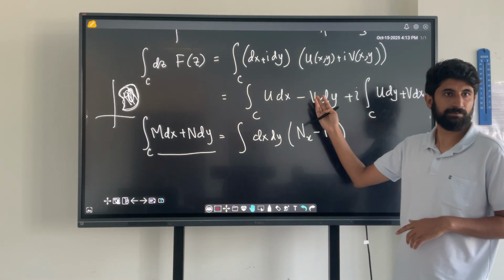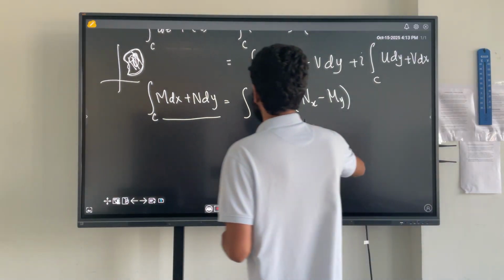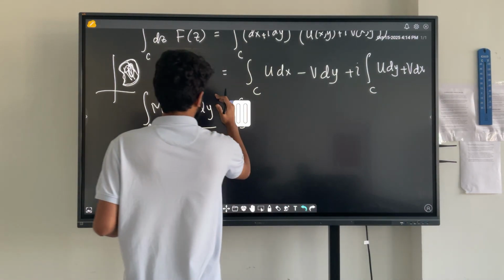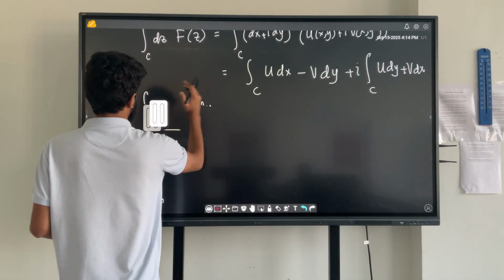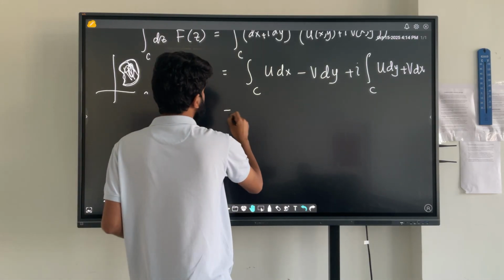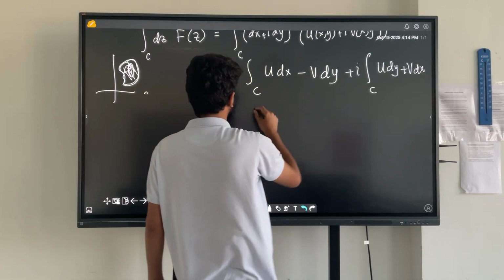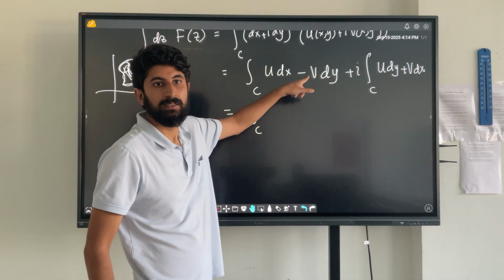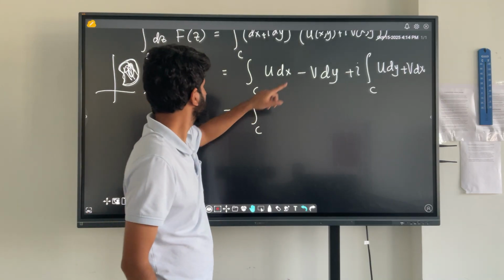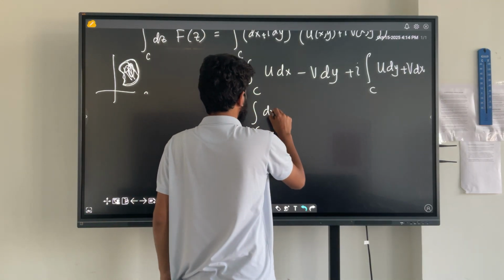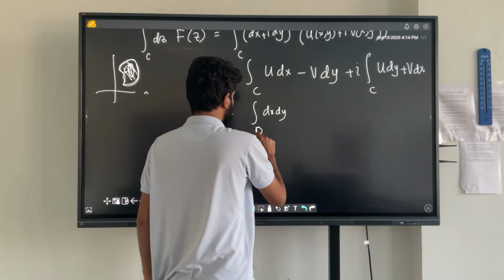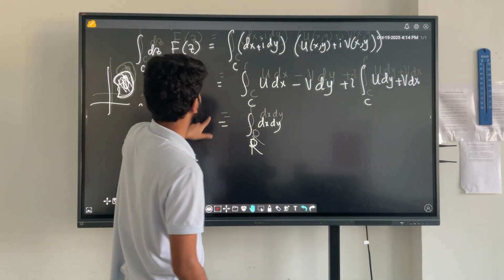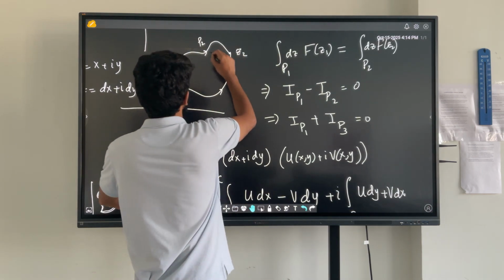So what do I get? Maybe I can erase this a bit so that I can focus. Make sure there is a minus sign here, so be careful. What do I get? First, the integral dx dy over the region R, where R is the region bounded by my closed loop, so basically this region.